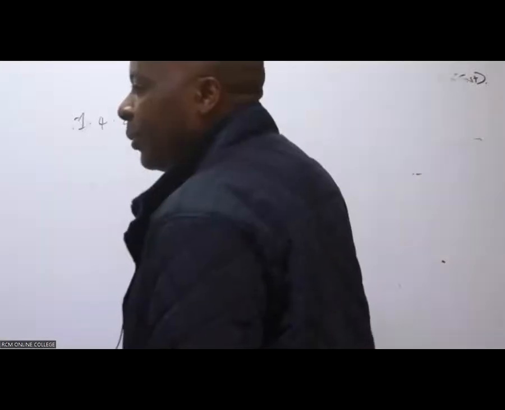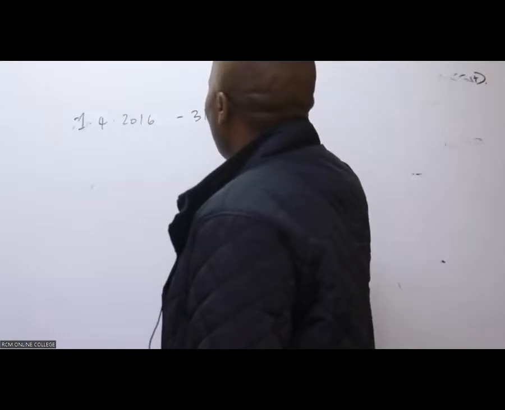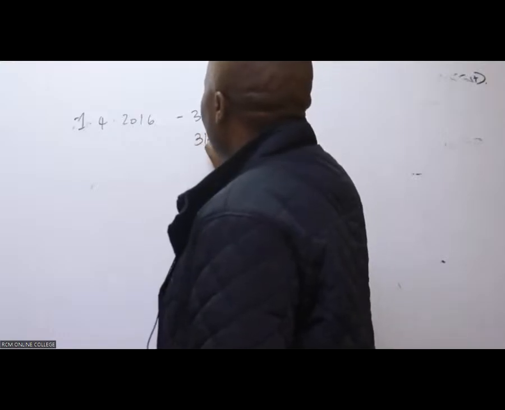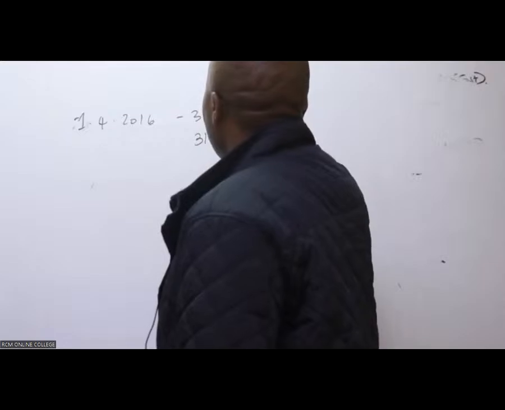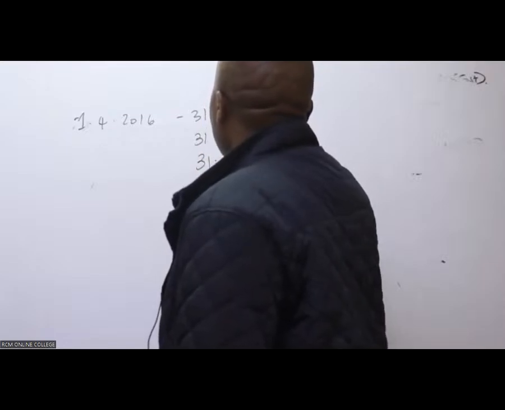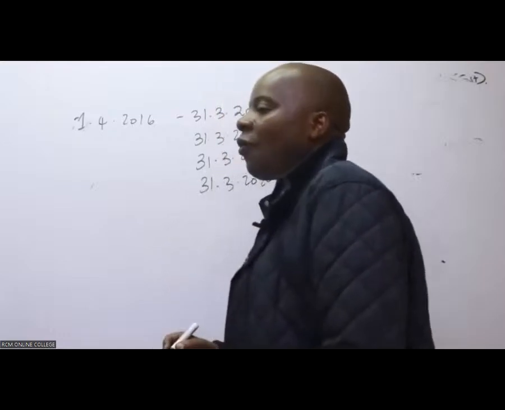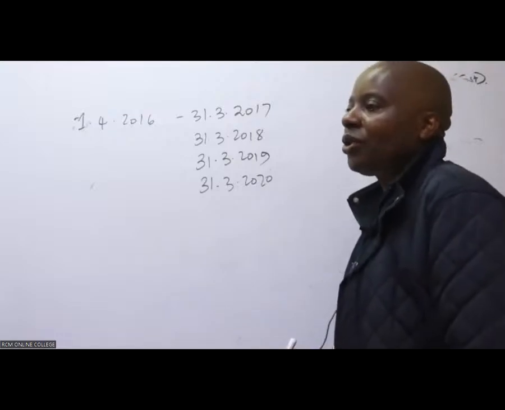So then we have 1st April 2016 to 31st March 2017. Then 31st March 2018, the second year, 31st March 2019, the third year, and 31st March 2020. So those are 4 years in total.